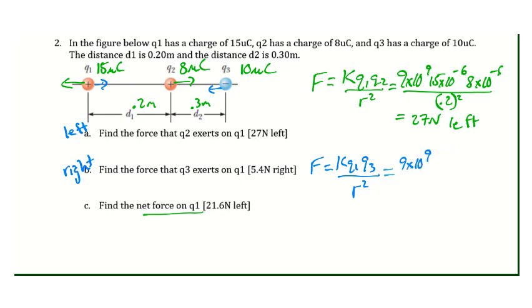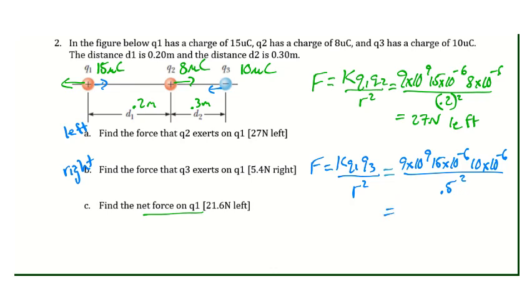Charge 1 is 15 times 10 to the negative 6 coulombs. Charge 3 is 10 times 10 to the negative 6. Now the distance between them, you can see, is actually 0.5. You have to add those two distances together. So 50 centimeters, half a meter.